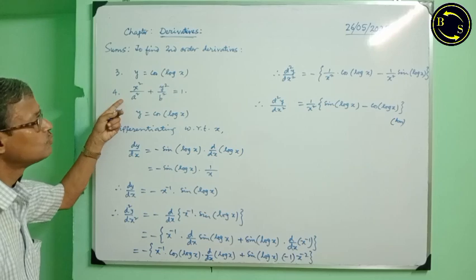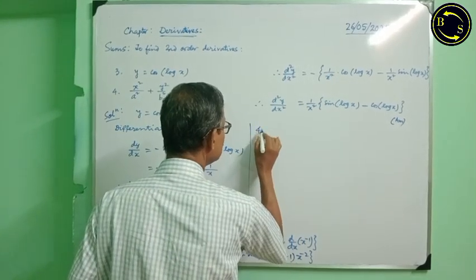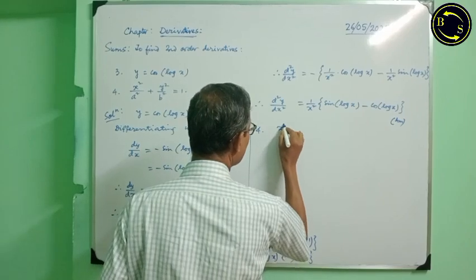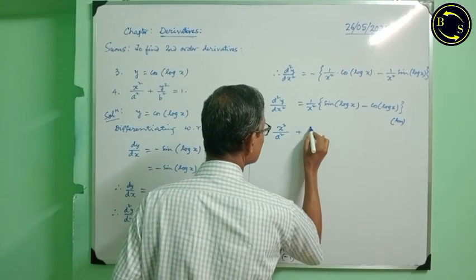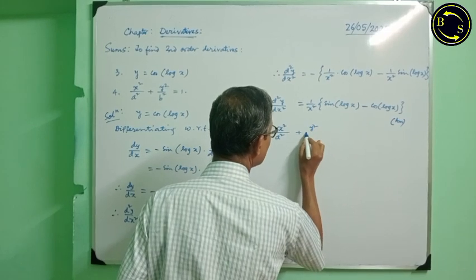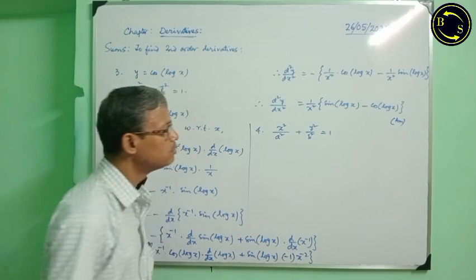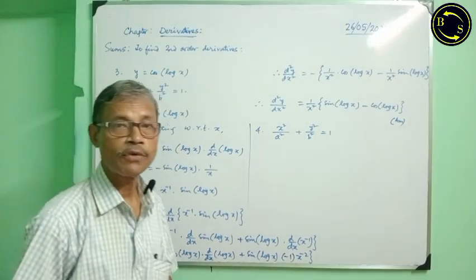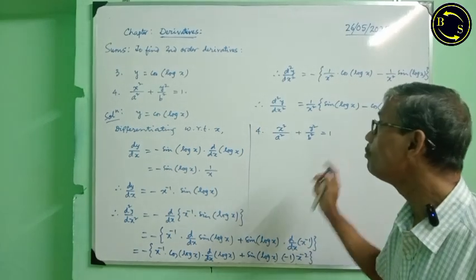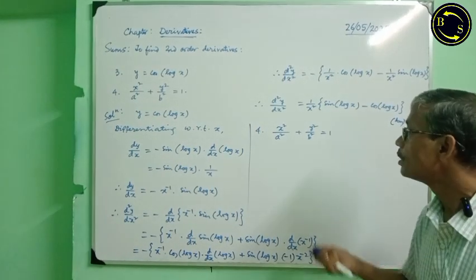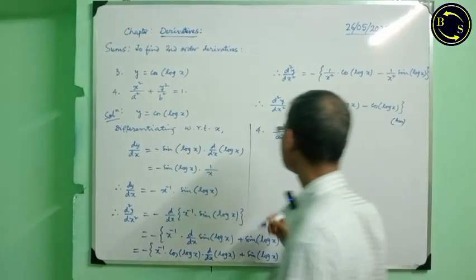Next, this fourth one, x square/a square plus y square/b square equal to 1. It is apparently in parametric form, apparently implicit form. The process will be just that we differentiate both sides with respect to x.